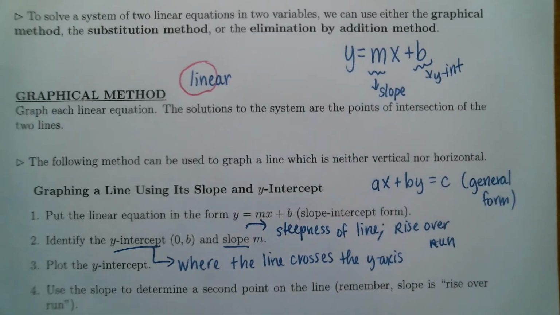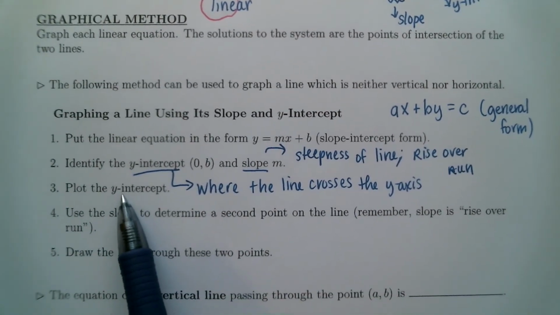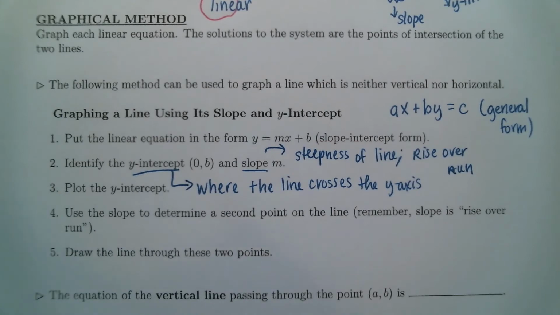So you're going to take your equation, put it in y equals mx plus b form. You're going to identify the slope, which will be the number in front of x. You're going to identify the y-intercept, which should be the b value. Then you're going to start graphing the line. You only need 2 points to determine a line.